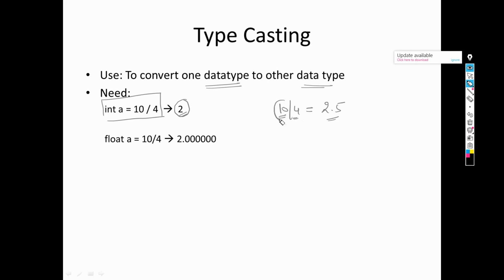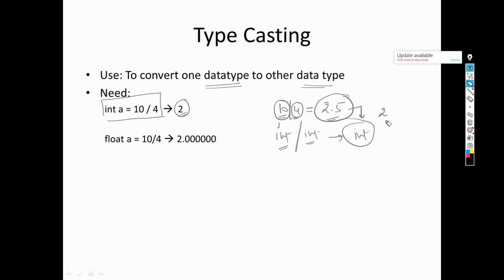If you look at the data type of 10, this is integer. The data type of 4 is also integer. So if you are performing any operation on integer data types, then your answer should be an integer. So 10 divided by 4 should be 2.5, but what is the equivalent value for 2.5 in integer?